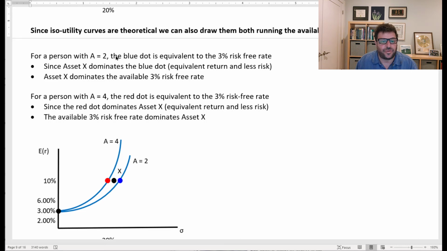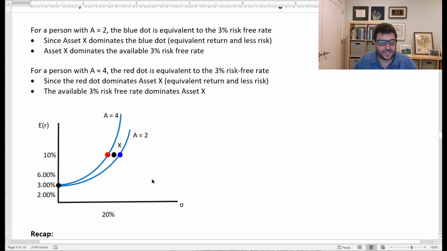And so for the person with A equals 2, the blue dot is equivalent to the 3% rate. But since X dominates the blue dot, for this person, X is better than the risk-free. And for a person with A equals 4, the red dot is equivalent to the 3% risk-free. And obviously the red dot dominates X, and so therefore the 3% dominates asset X.